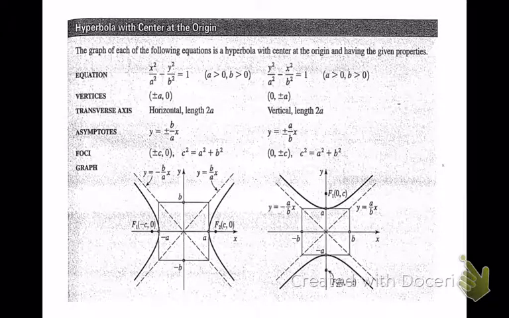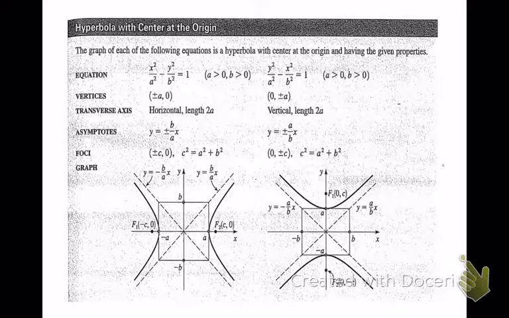So that we have the vertices, and then we have the transverse axis. The length is 2a. So asymptotes: when the transverse axis is the x-axis, they are y equals positive negative b over a x, and if it's vertical, it's y equals positive negative a over b x.